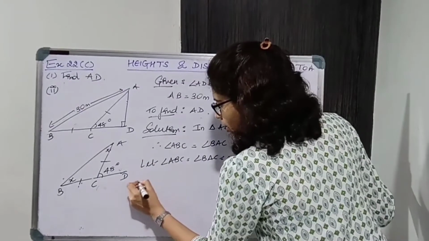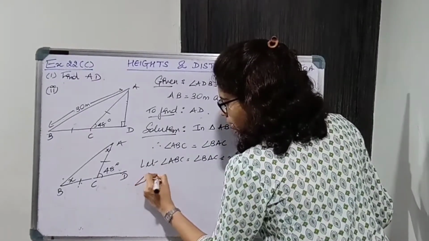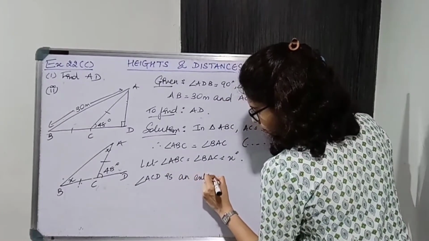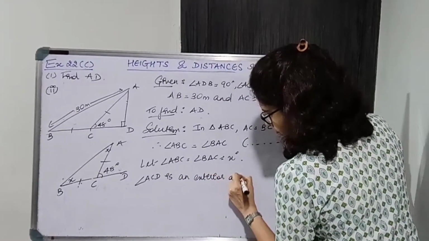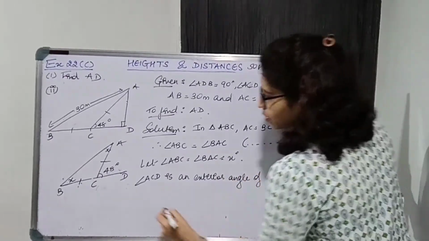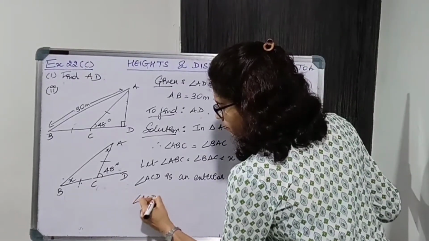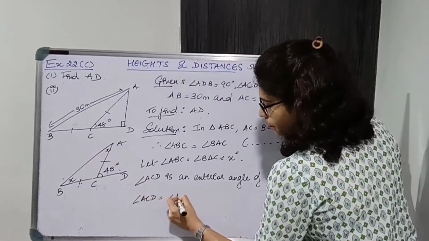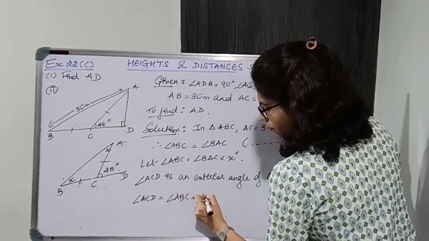So write down angle ACD is an exterior angle of triangle ABC. So angle ACD is equal to angle ABC plus angle BAC.